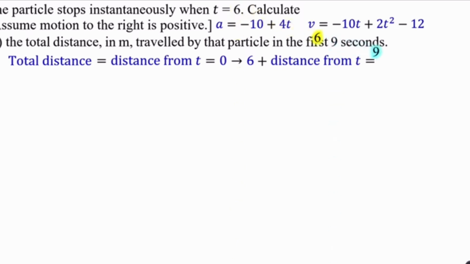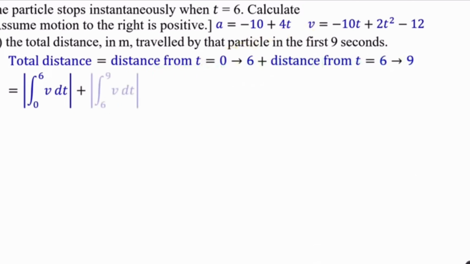So we need to study the movement of the particle before we can find the total distance traveled from 0 to 6 seconds and from 6 to 9 seconds. Right, let's find the displacement from 0 to 6, and also the displacement from 6 to 9.